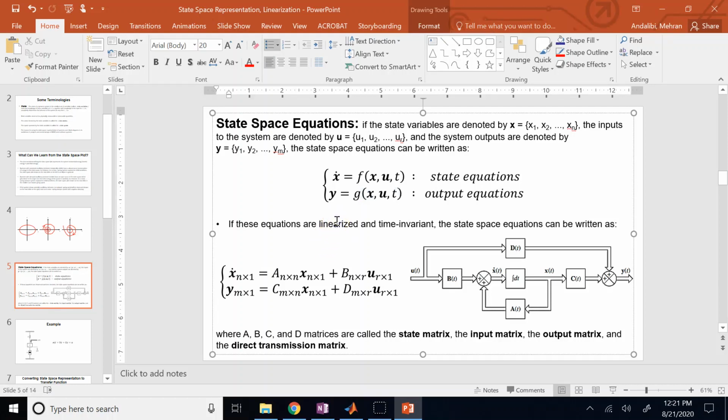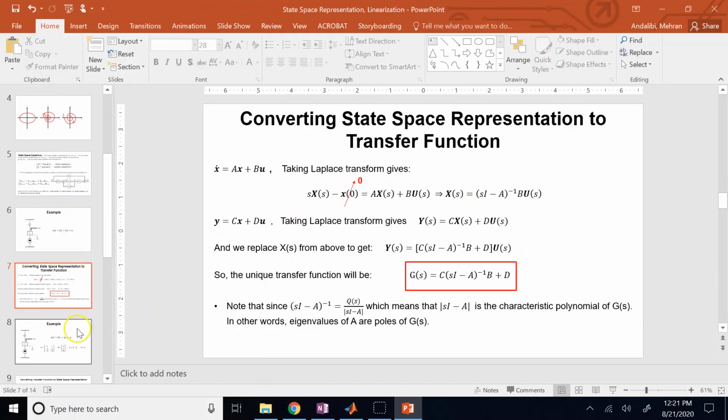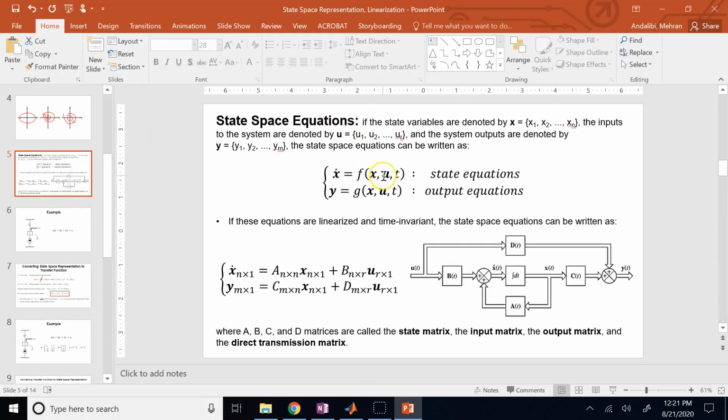So one of the methods they use in controls is linearization. They say if these functions f and g, which are nonlinear, are only evaluated at a small range of x and u and t as they change, okay? So you just look at these functions around an operating point, basically.